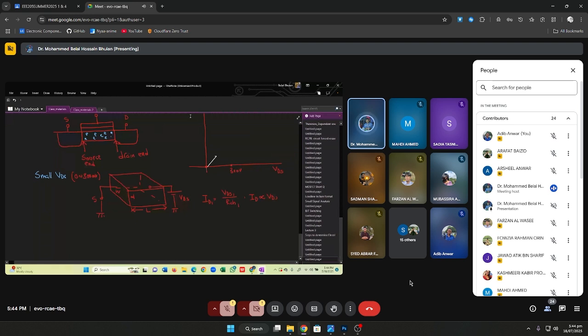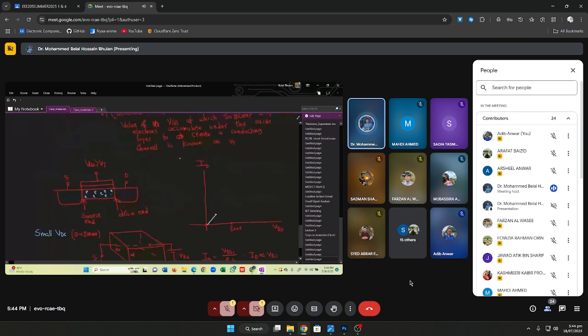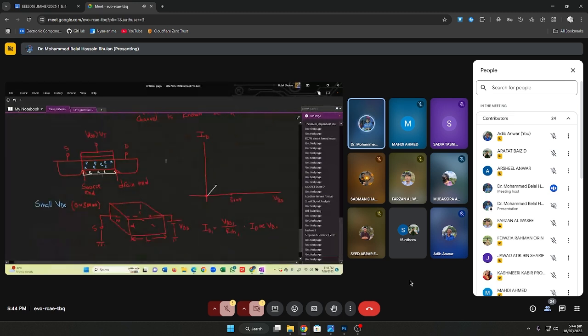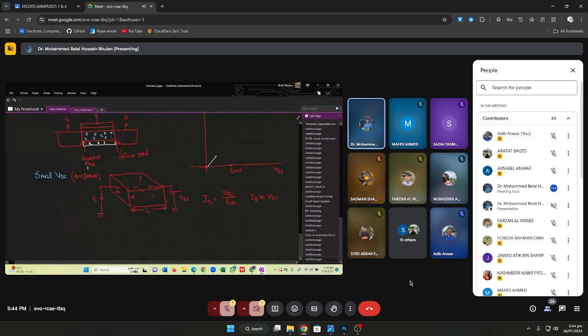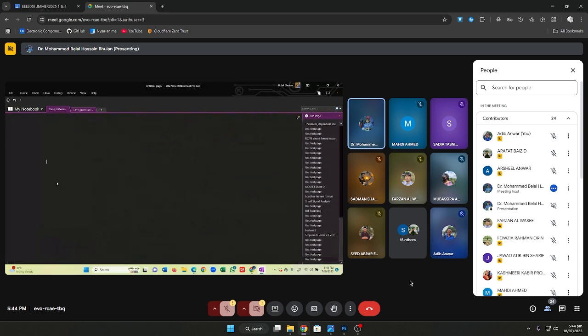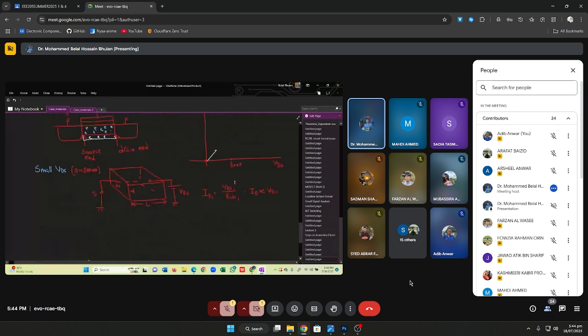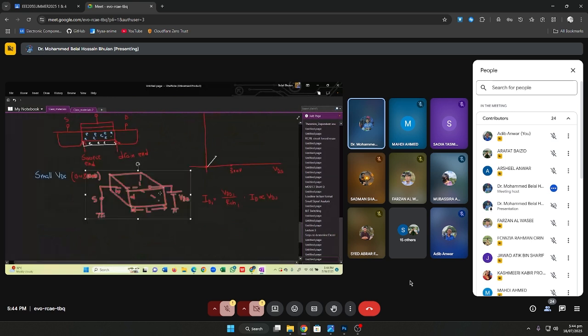Now if I apply a little bit more gate voltage, the channel depth will increase, so more electrons will be occupied here. We need to draw it separately.